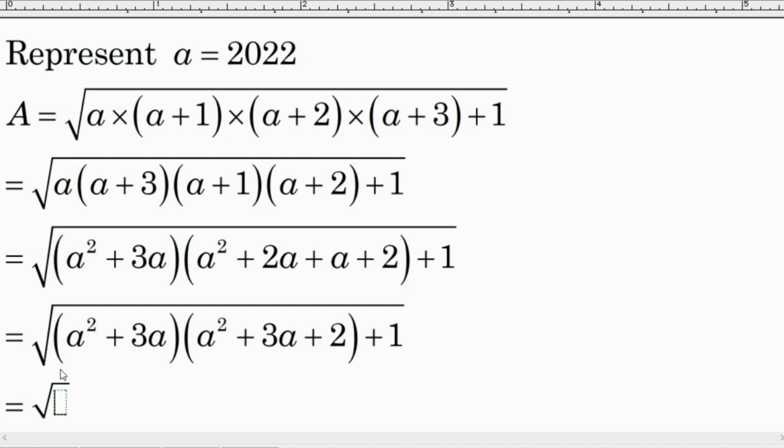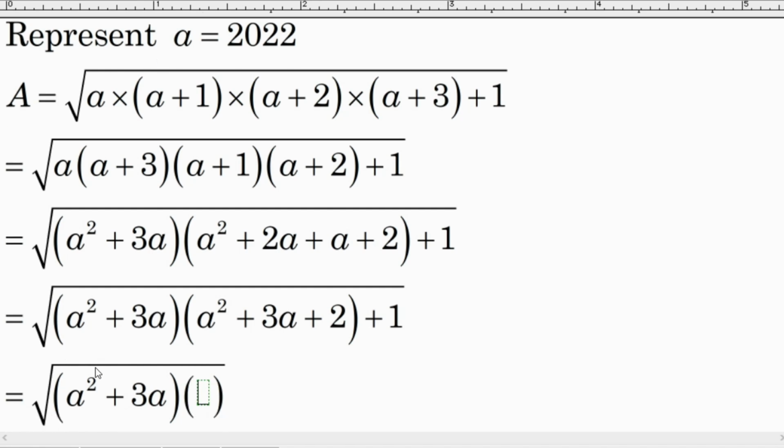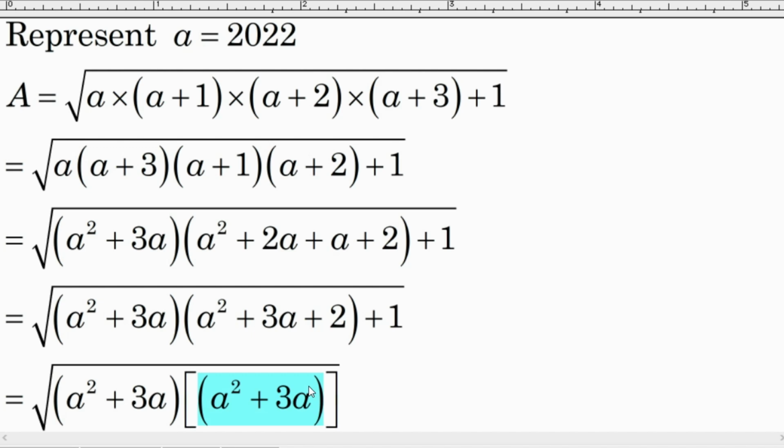Then equal to the square root of. Now we can take a square plus 3a and make it one term. We put it in brackets, and then plus 2. This part stays the same, but we just take these two terms to make one term like this.